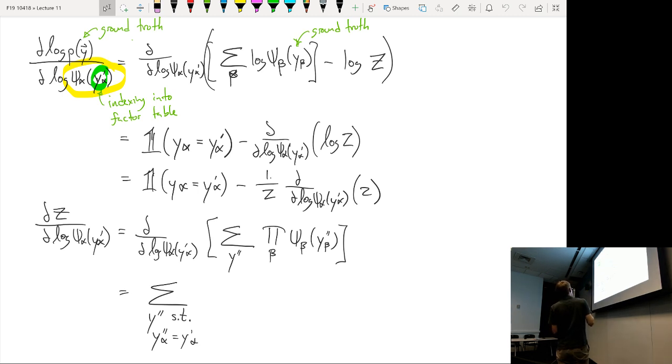Namely, we have a product over all betas not equal to alpha, of psi beta of y prime prime beta.